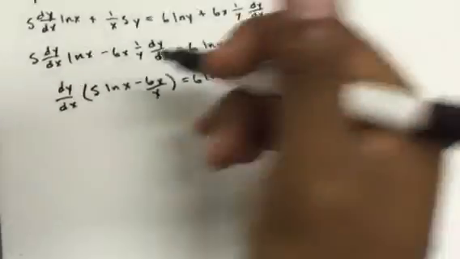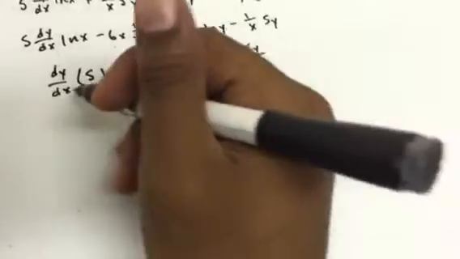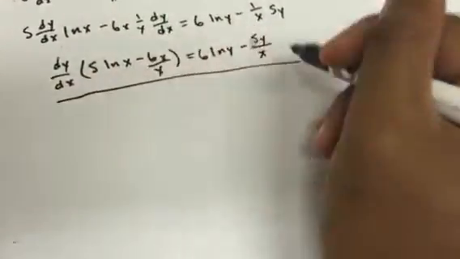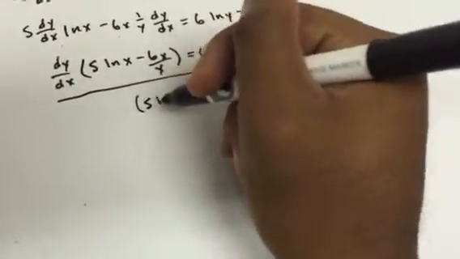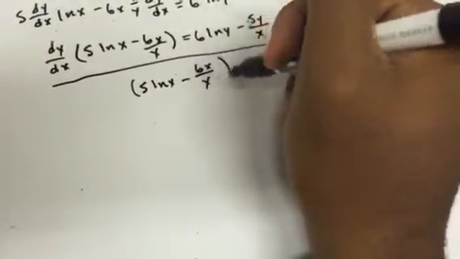Yes, it is correct. Now, we're going to get dy dx by itself, and we're going to do that by dividing both sides by 5 ln x minus 6x over y.